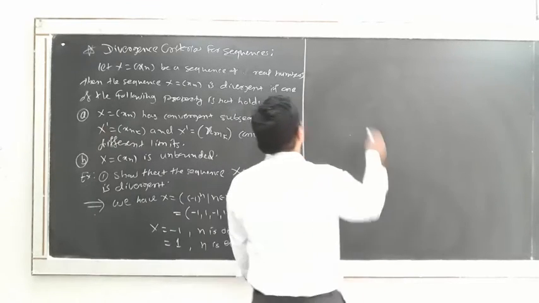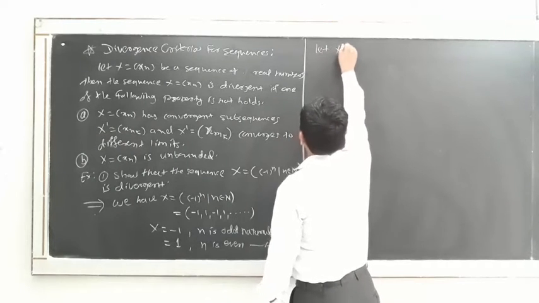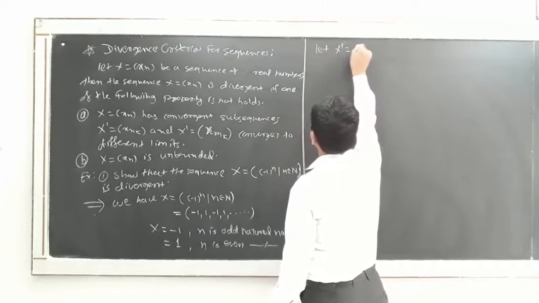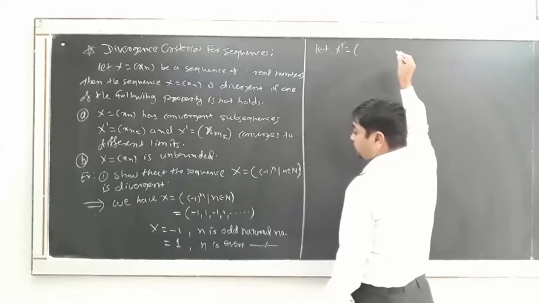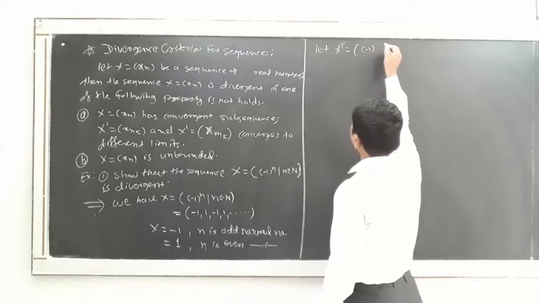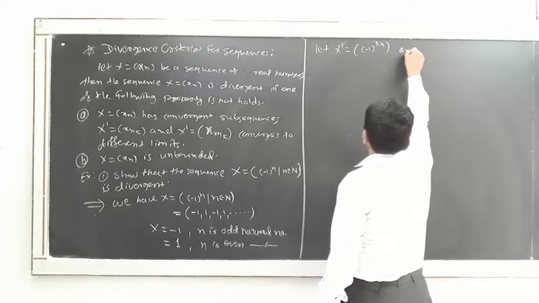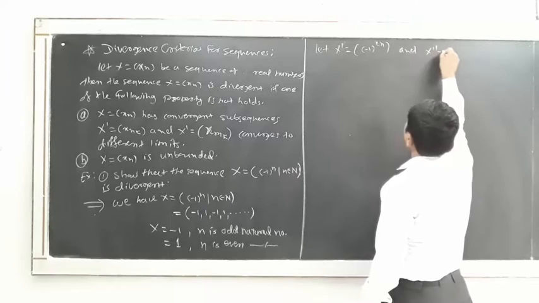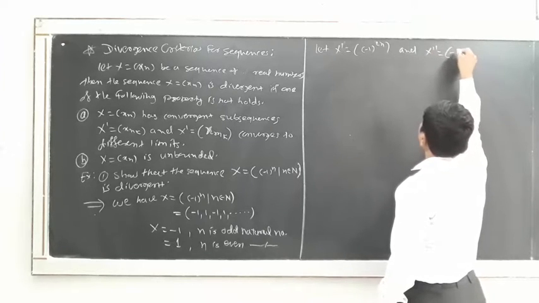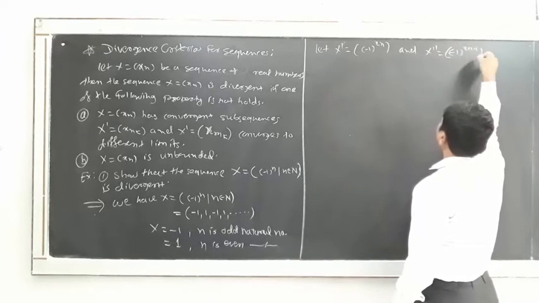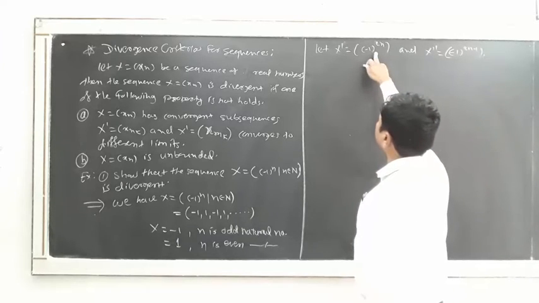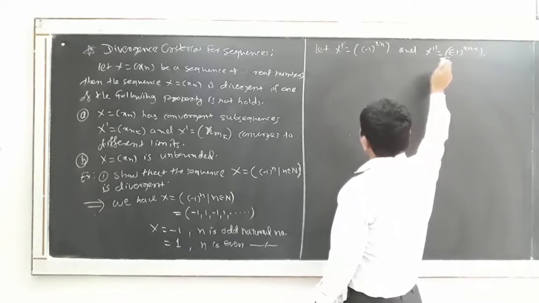Then let us take X' as the subsequence (-1)^(2n), and X'' as (-1)^(2n-1), that is, even and odd.